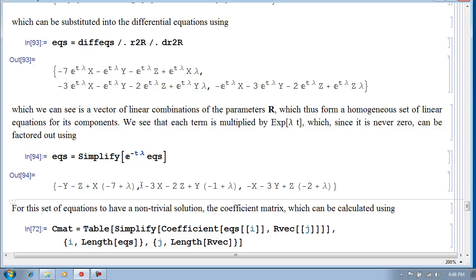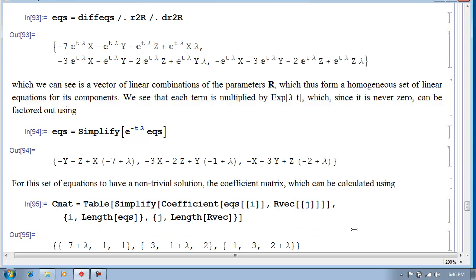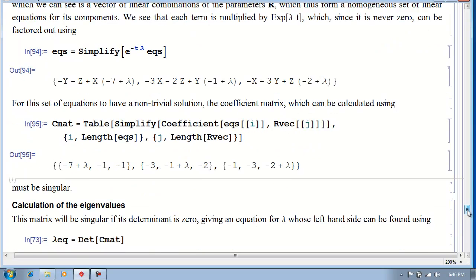And if that function was to be a solution, then each term in this vector here should be zero. So these are a set of linear equations, so let's calculate the coefficients, or the coefficient matrix of that, and that's there.